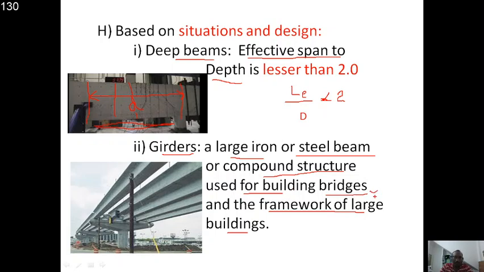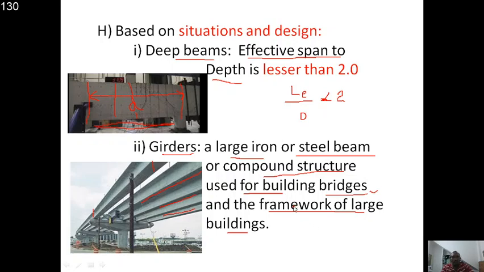Like bridges. So you see here, this is the girder. Here to here, these are the girders. So this is the girder, right? These are the positions of the girders, right?